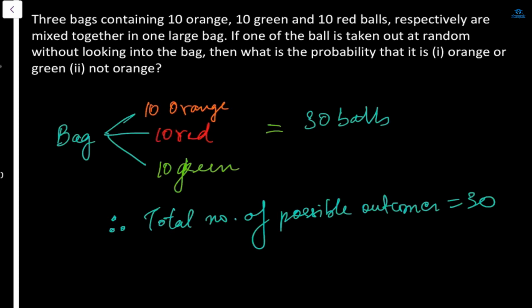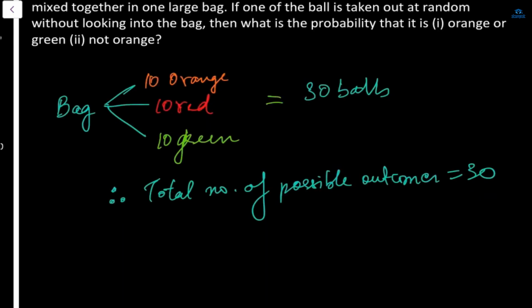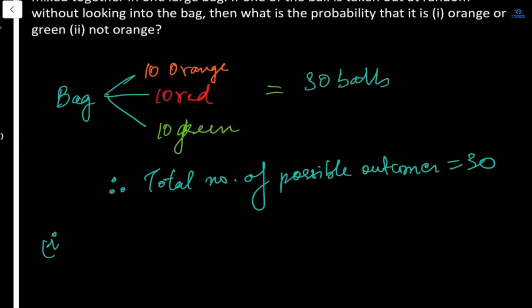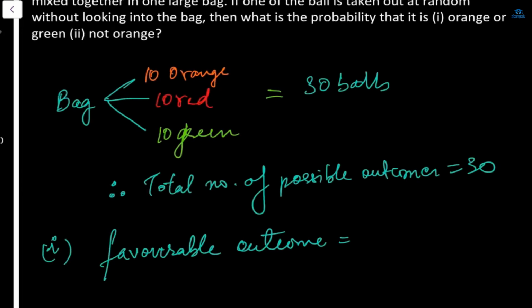Now, if one of the balls is taken out at random without looking into the bag, what is the probability that it is orange or green? We have to find the probability of orange or green, so either the ball can be orange or green. Favorable outcomes will be orange and green balls, any of them can come.